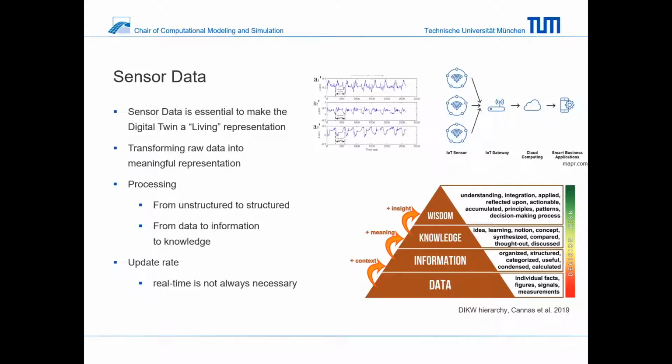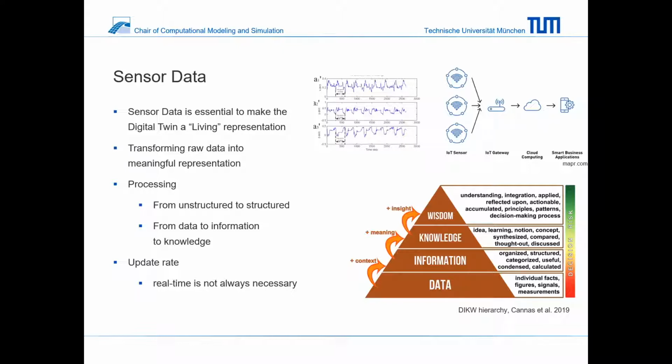So we have to transform the raw data into some kind of meaningful representation. And I brought along this well-known pyramid of data, information, knowledge, and wisdom, where we try to get as much as possible out of the data. If we get it to knowledge, that's already quite good.